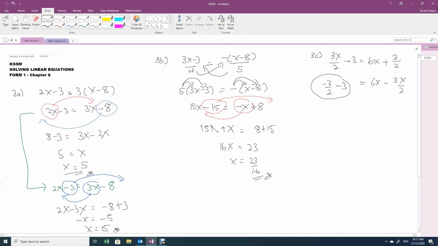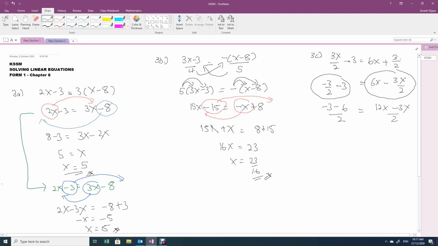So we'll get negative 3 minus, this will be 3 times 2, will be 6 divided by 2, equals to 6x times 2 will be 12x minus 3x divided by 2.